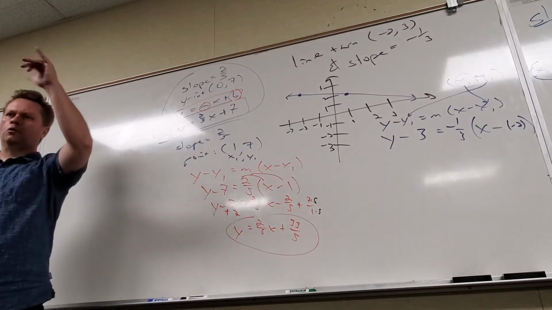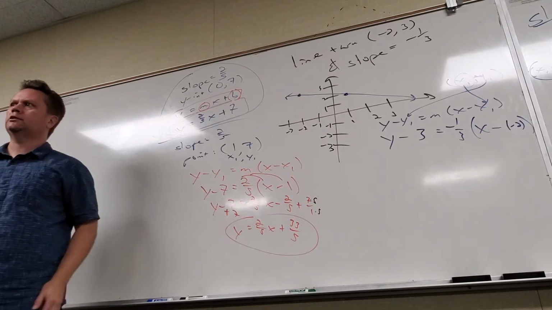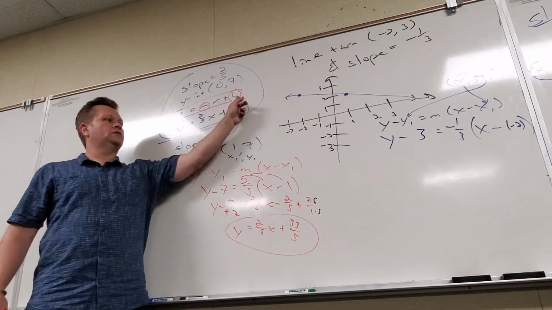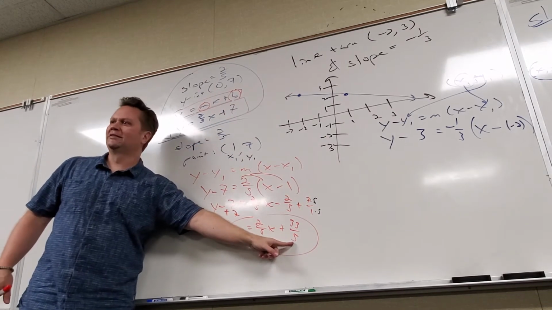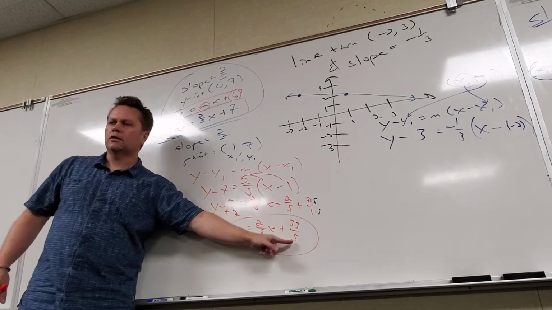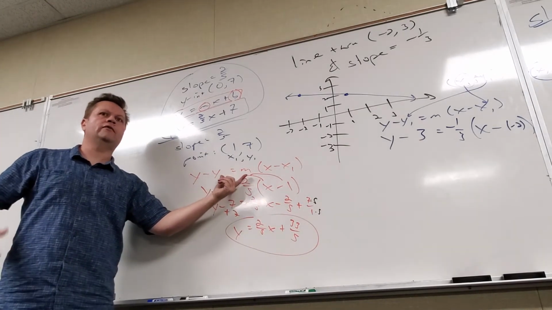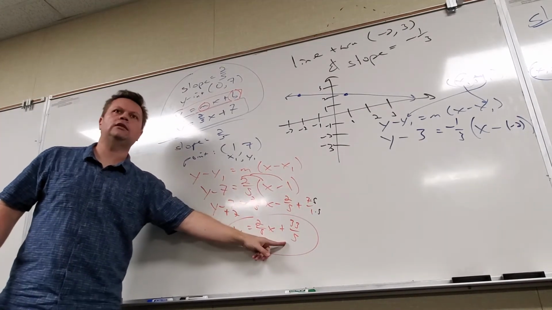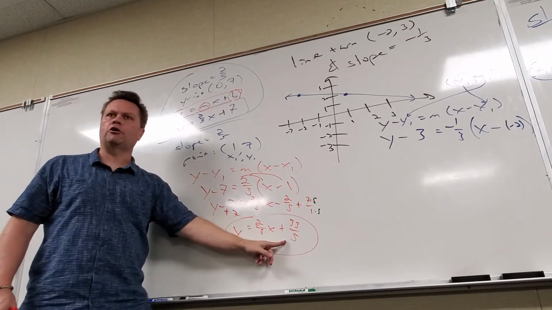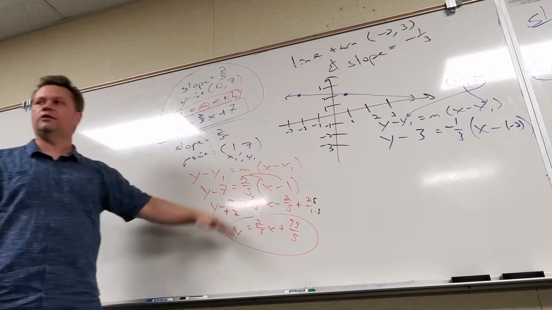So I can solve for y and put it into mx plus b form. So did I really want to try to figure out the y-intercept so I can use this? No. That y-intercept is a little gross, right? Thankfully, I have a form of an equation that I don't need the y-intercept to use. I can solve it and see how gross it is, but I don't have to use it in the first place.